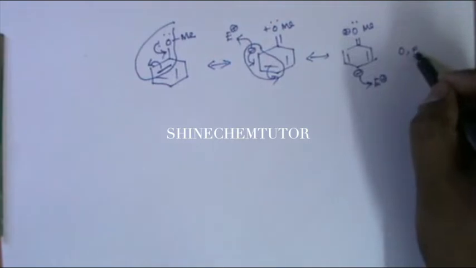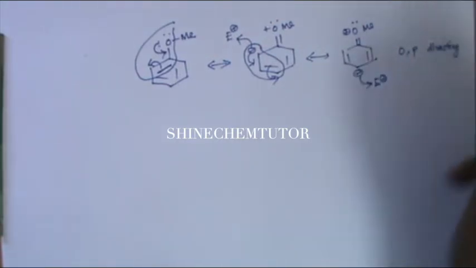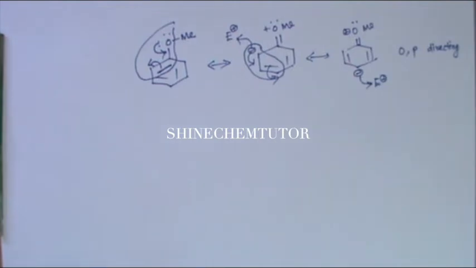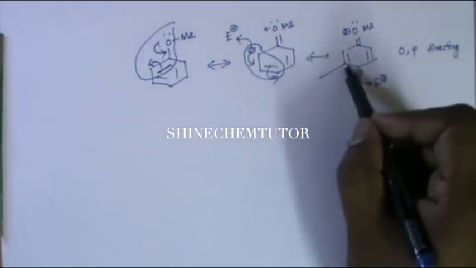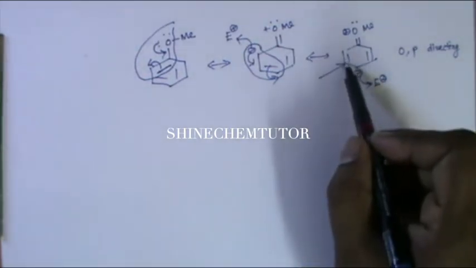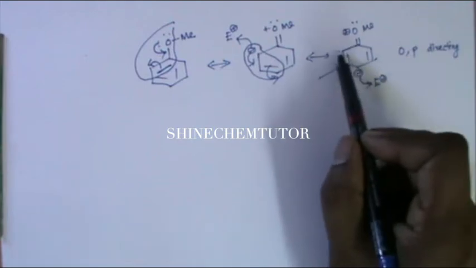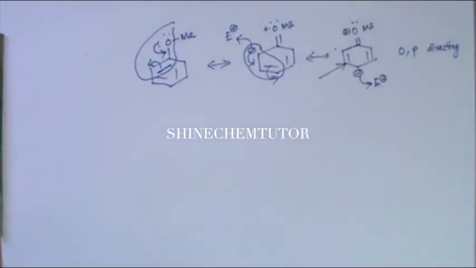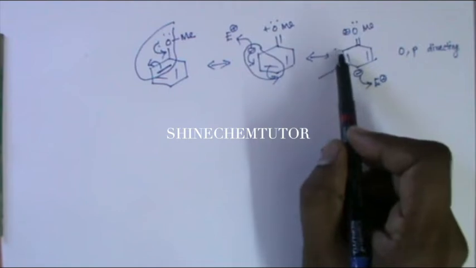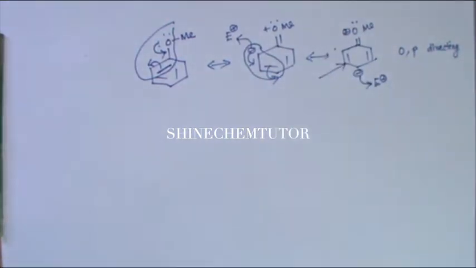So they are ortho para directing. What about this meta position? We have not reduced the electron density on the meta position, but we have increased the electron density on the ortho and para carbon. Since it has more electrons, this position will attack preferentially over the meta position.